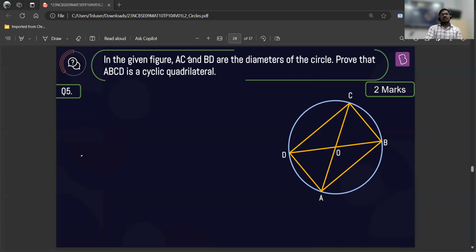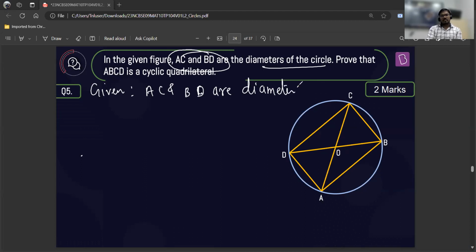In the given figure, AC and BD are the diameters of a circle. This is very important. What is given to us? AC and BD are diameters of the circle.